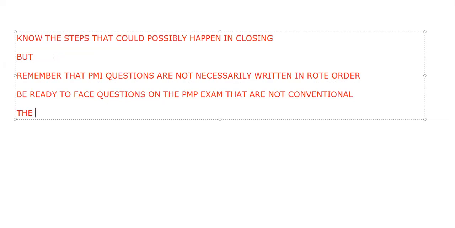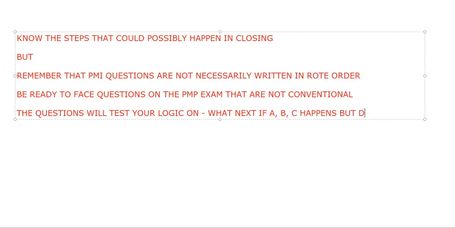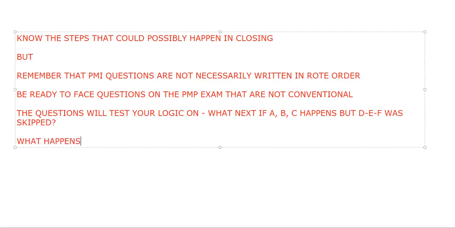The questions will test your logic on what next if A, B, C happens, but D, E, F was skipped. What happens if D and E were done, but A to C were not?